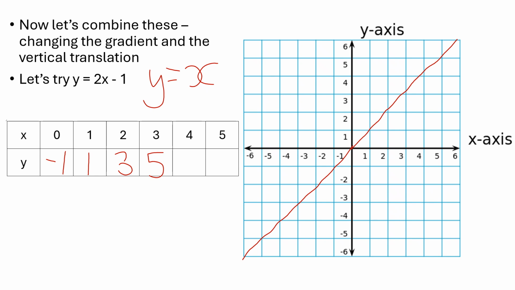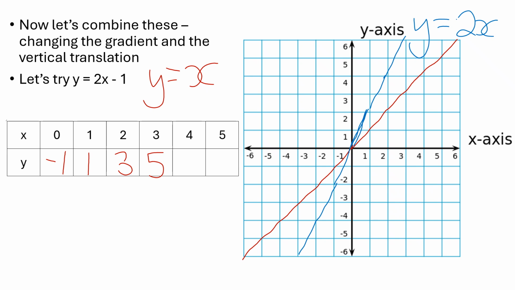We know that when the gradient is 2, y equals 2x, for every 1 square in the x direction, it goes 2 in the y. So I've drawn that in there. That is y equals 2x.